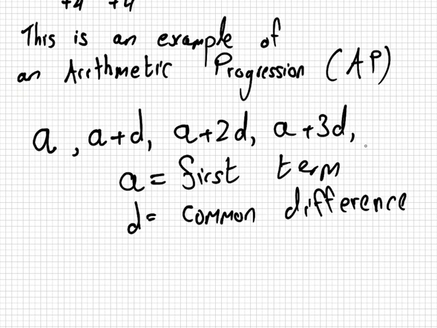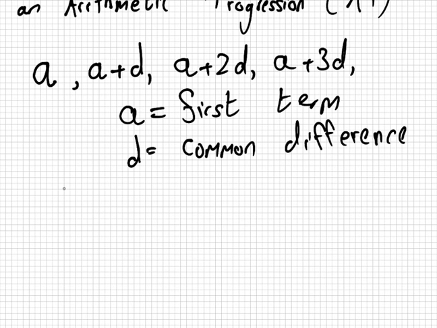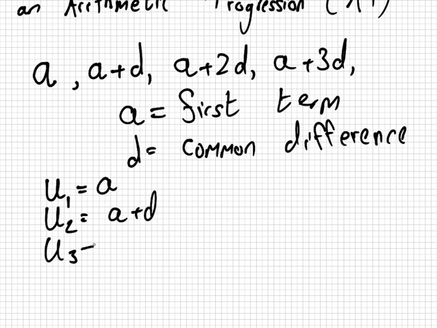So if you look at it like this, u1 equals a, u2 equals a plus d, u3 equals a plus 2d. So what you're noticing is that this here is always one smaller than the term you're on.